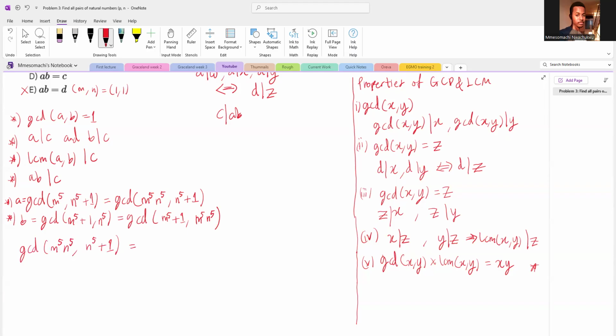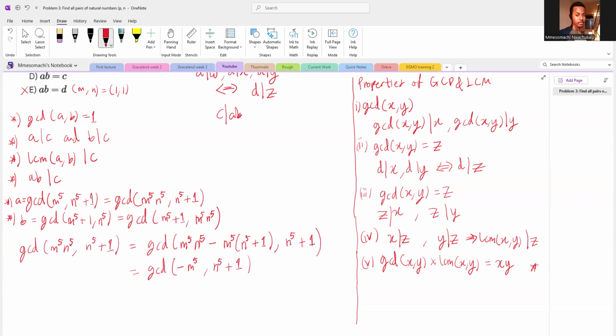Okay, so it's equal to the GCD of, so you can do some reduction. Okay, this is equals to, so I can simplify this. So n to the power of 5 minus n to the power of 5, so those two will cancel out. So we are left with negative m to the power of 5, and then n to the power of 5 plus 1.